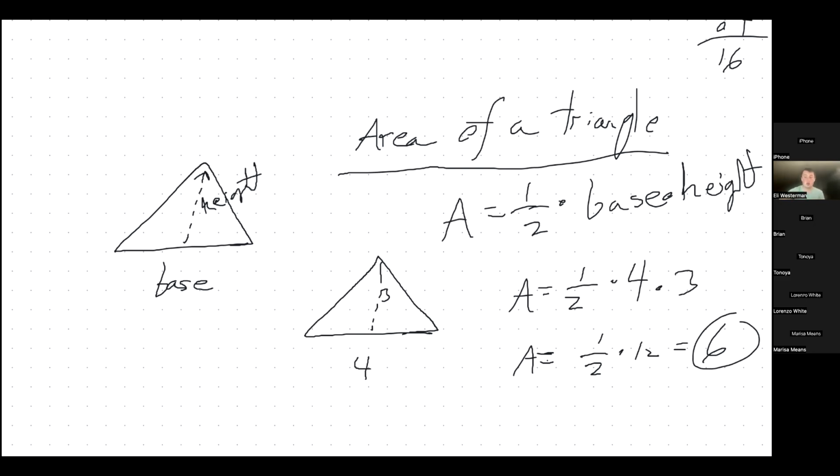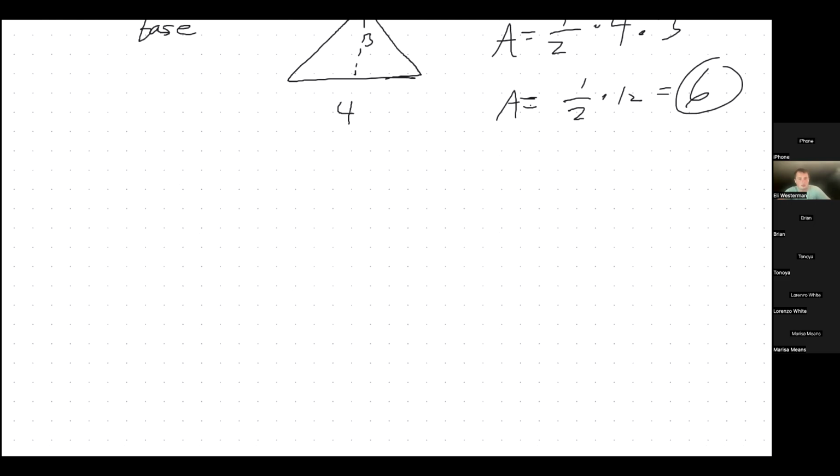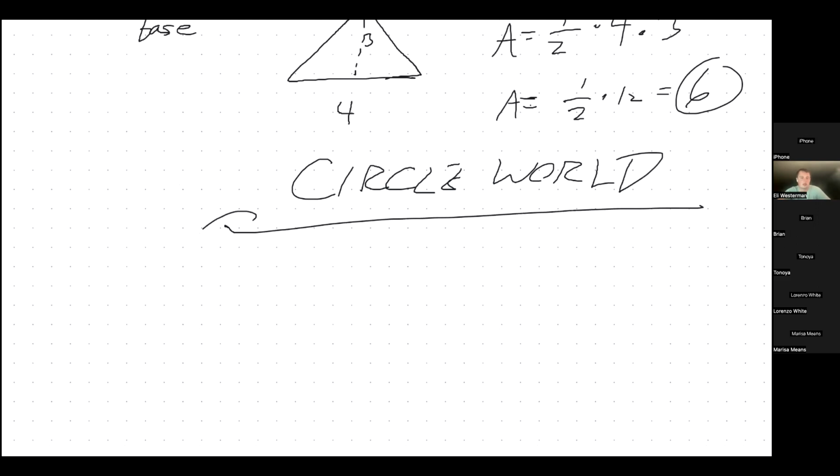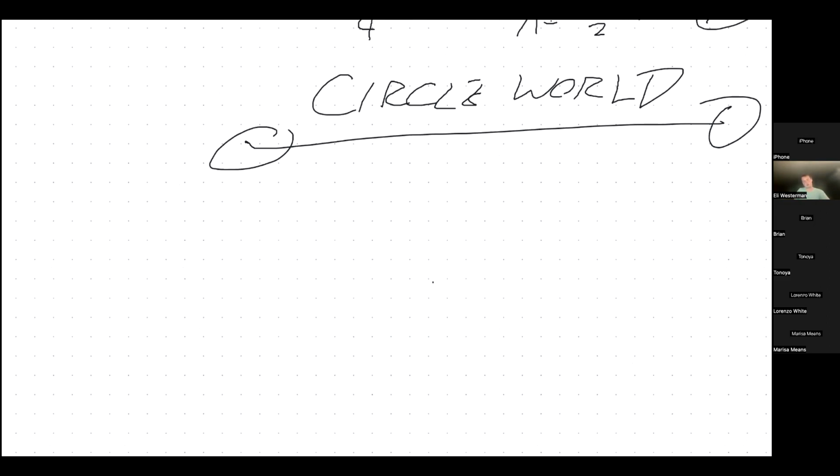Now we're going to move into a weird world. We're going to move into circle world. And I'll put some circles on the end of my circle world thing. So when we have a circle, we're going to talk about several parts of this circle, although that is a bad circle.